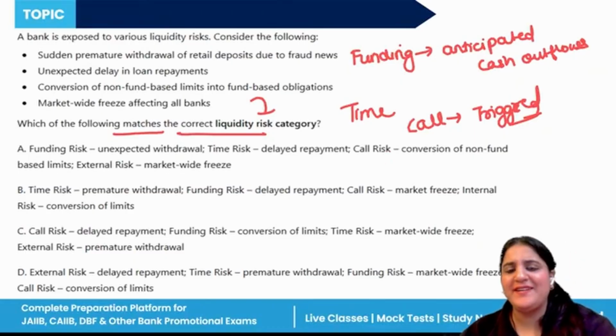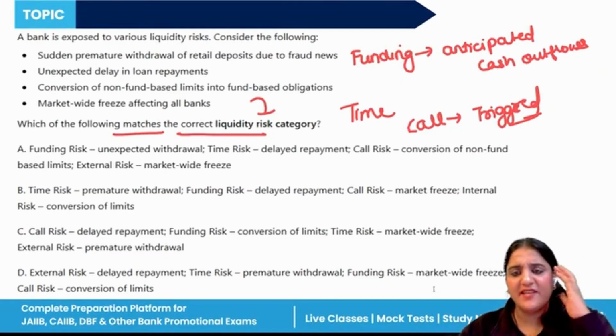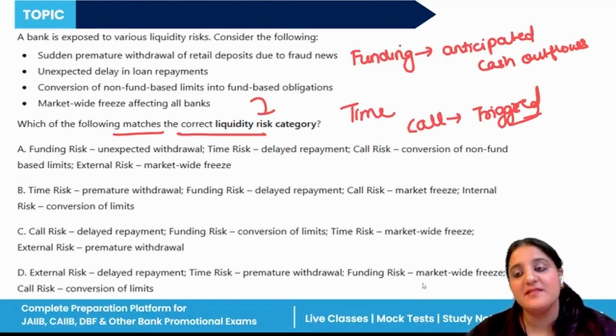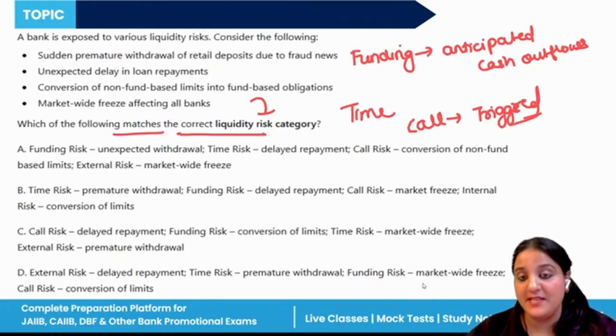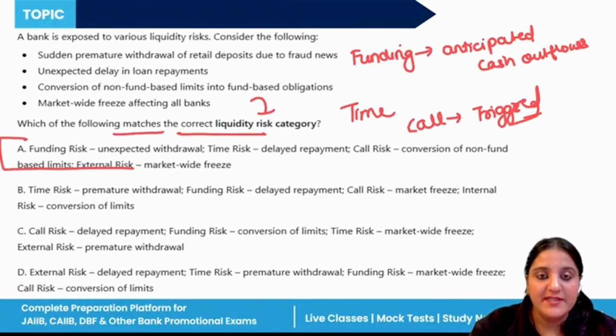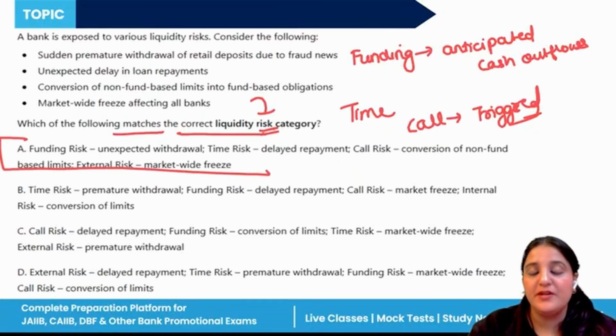These are market-wide external factors which affect the bank's liquidity. So funding risk is the unexpected withdrawal, time risk is the delayed payment, call risk is the conversion of non-fund based limits, and external risk is a market-wide freeze. So the correct answer is option A. That matches the correct liquidity risk category.